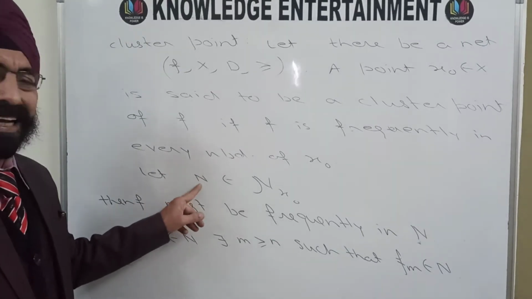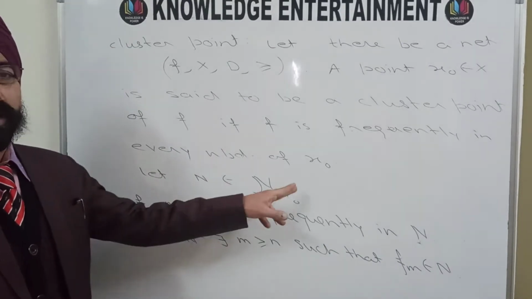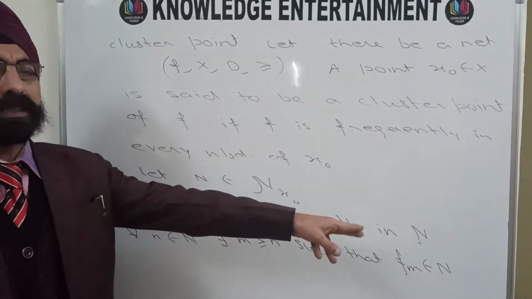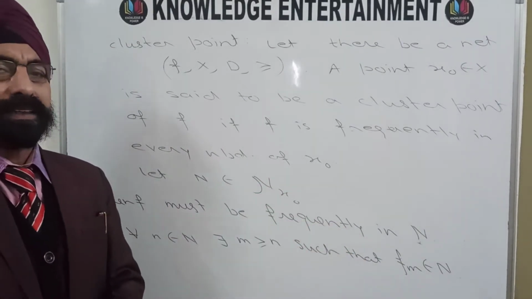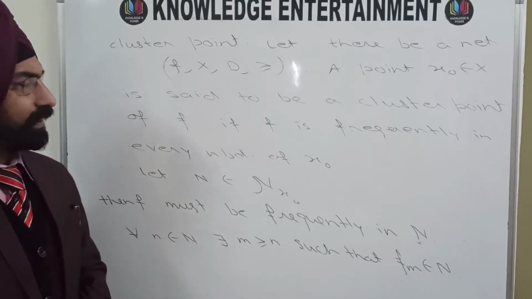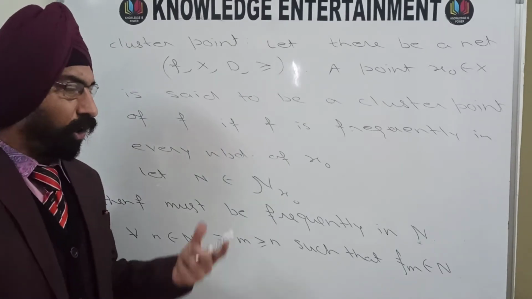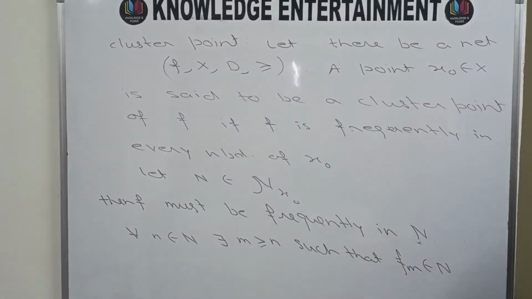This neighborhood N is arbitrary. You can take any neighborhood N of x naught, and then the net f must be frequently in N. If this condition is satisfied, then we'll say that x naught is a cluster point of this net.